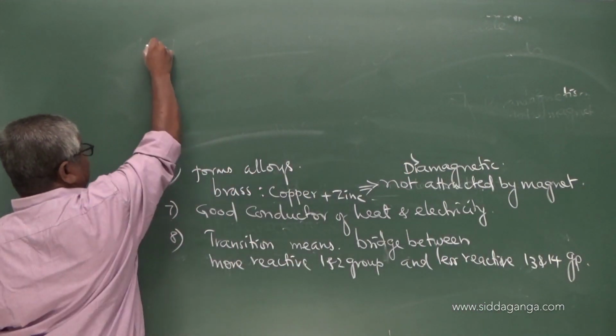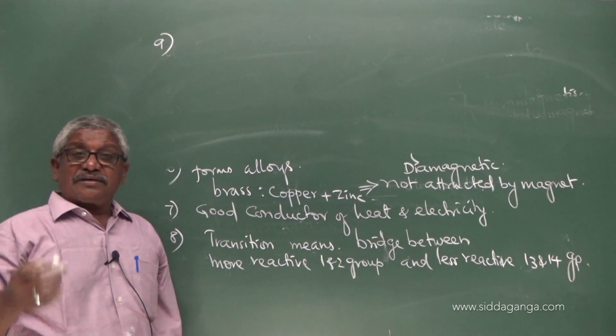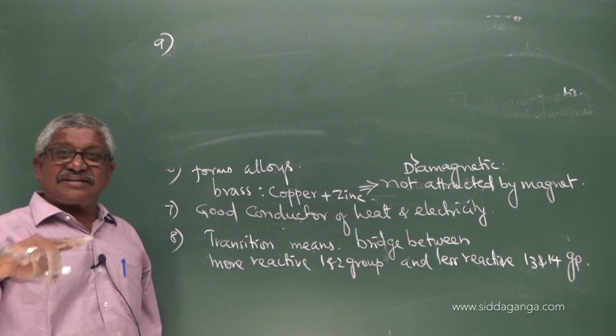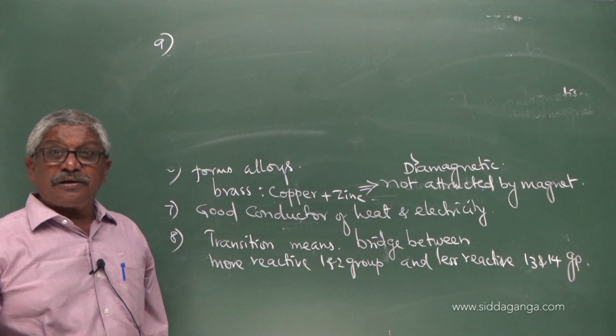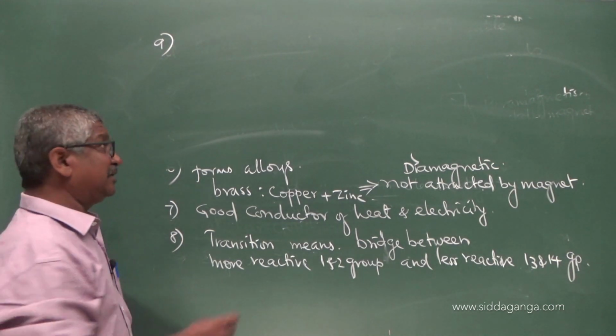And I told the 12th group: zinc, cadmium and mercury. The last electron is not getting filled in the d orbital in the ionic state as well as in the atomic state.